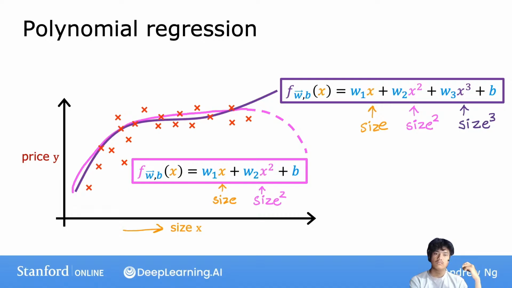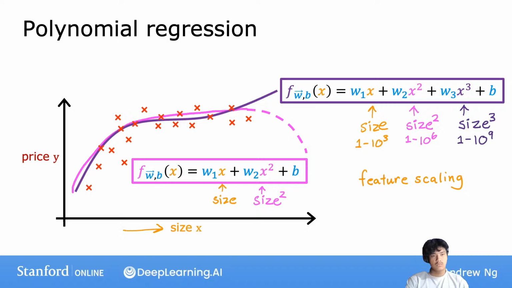I just want to point out one more thing, which is that if you create features that are these powers, like the square of the original features like this, then feature scaling becomes increasingly important. So if the size of the house ranges from, say, 1 to 1,000 square feet, then the second feature, which is the size squared, would range from 1 to 1,000,000, and the third feature, which is size cubed, ranges from 1 to 1,000,000,000.